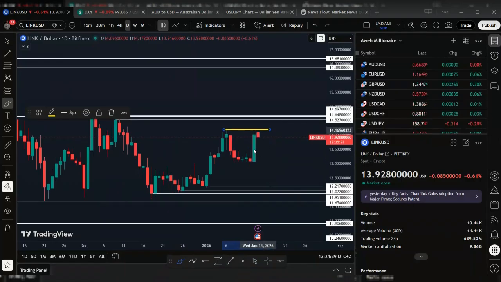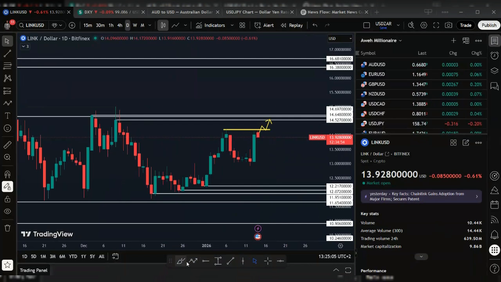Now, for a continuation to the upside, a key break above this level, which is also our high of the day, a break above that high, then opens up doors for price to continue this big bullish move from the previous day, to then come up to the resistance zone, which is between the 14.52 level and the 14.69 level on Chainlink as well.